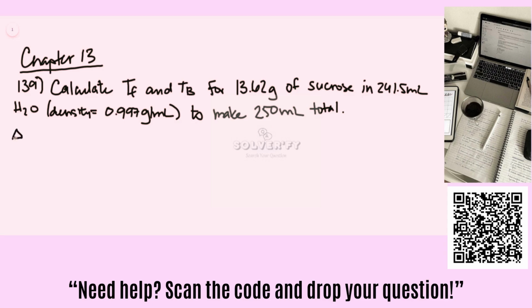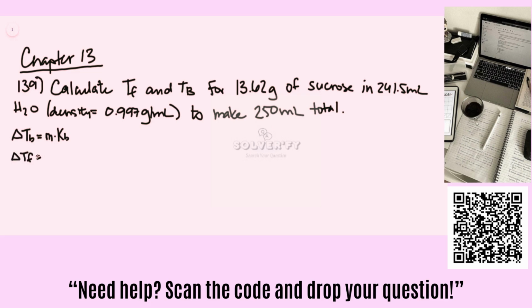So recall that the formulas for figuring out the changes in boiling and freezing points for aqueous solutions are like this for non-electrolyte solutes, where you just have the molality of your solute multiplied by the boiling point constant for aqueous solutions.